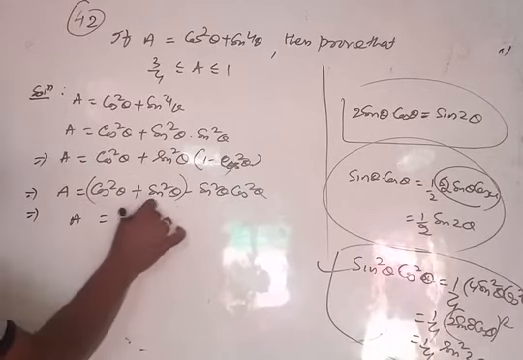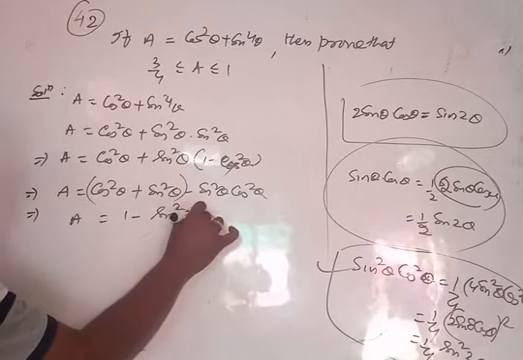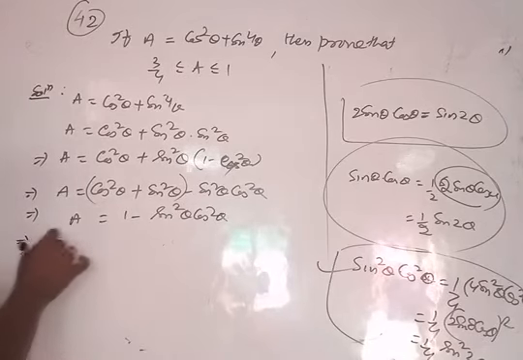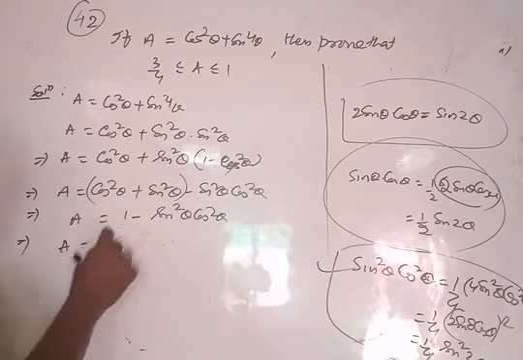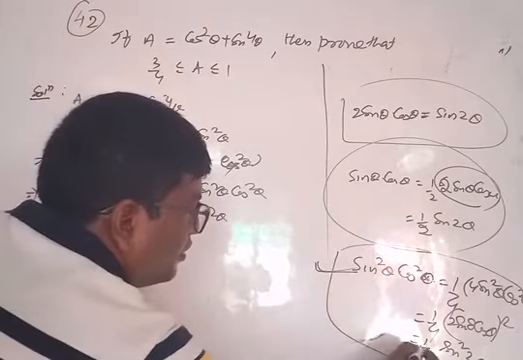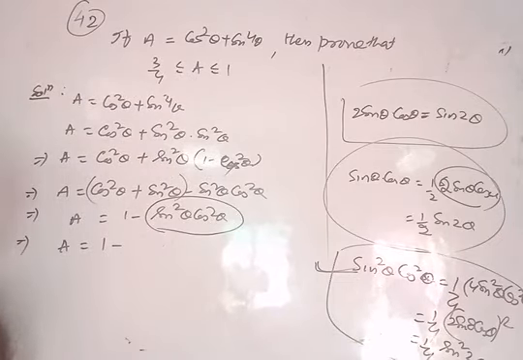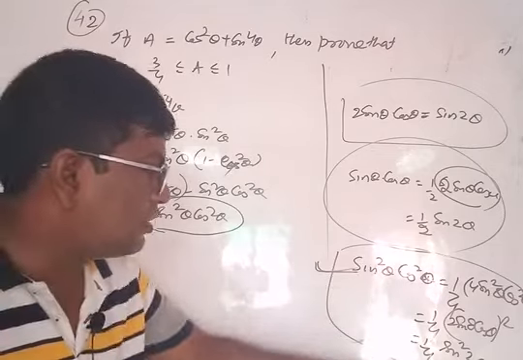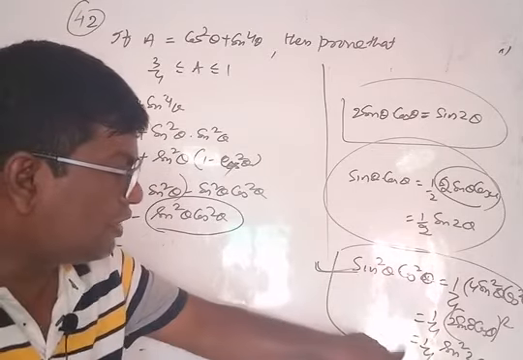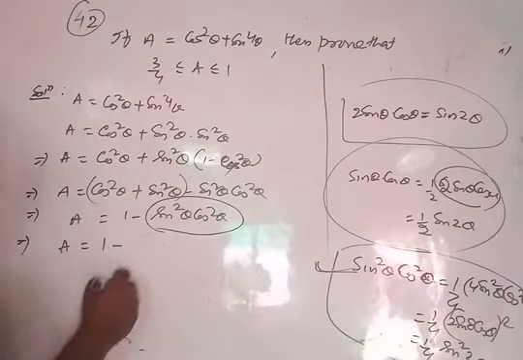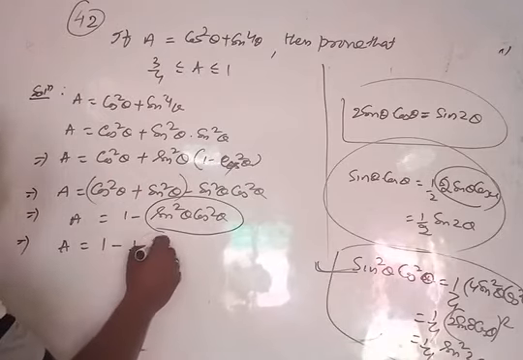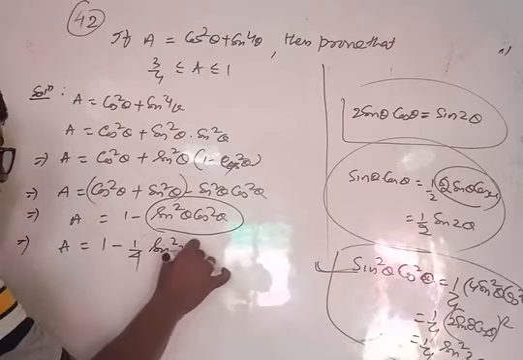A is equal to 1 minus sin square theta into cos square theta. So A is equal to 1 minus, what formula is applied? 1/4 into, sin square theta into cos square theta is equal to 1/4 sin square 2 theta.